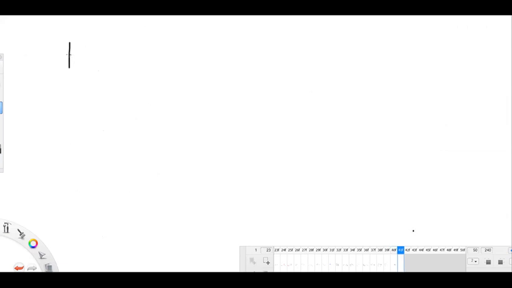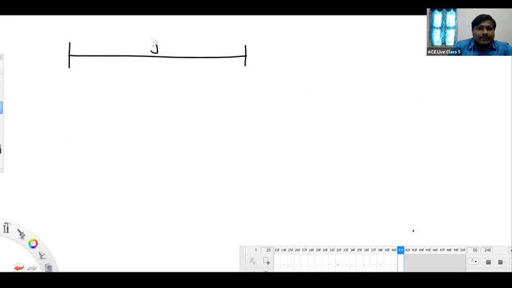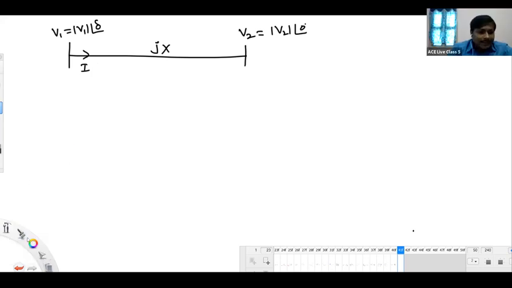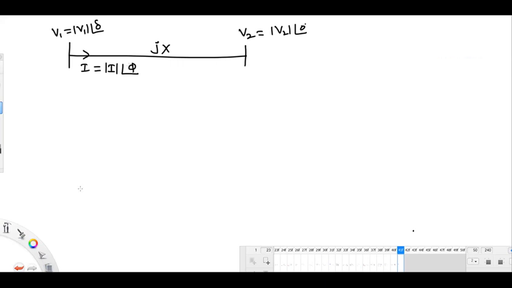For example, if this is one line, and this is some voltage V1, so it is mod V1 at an angle delta, and this is some voltage V2, mod V2 at an angle 0, and you have this current as I. I is some magnitude with an associated angle phi.